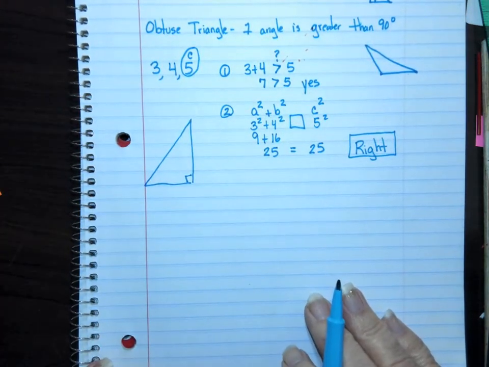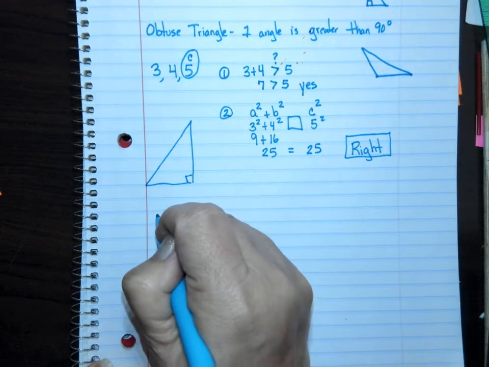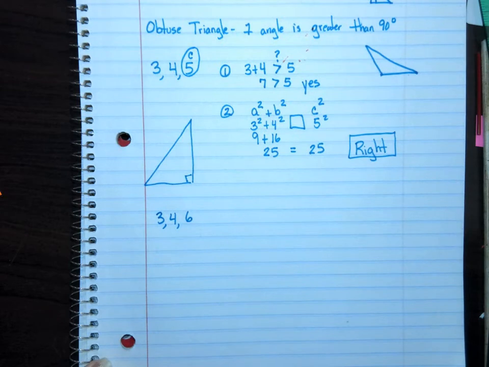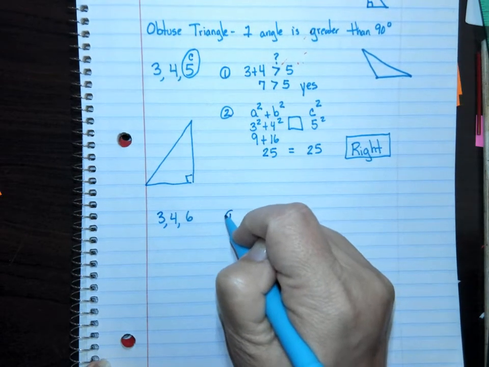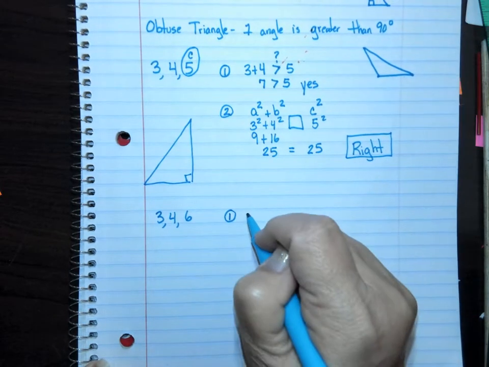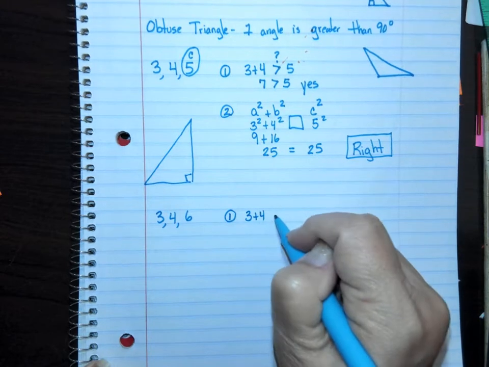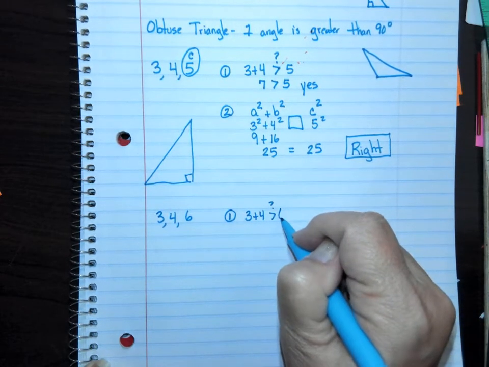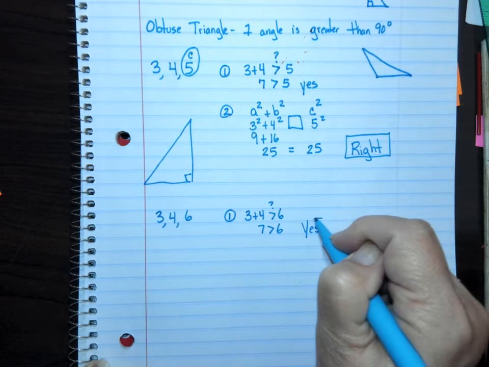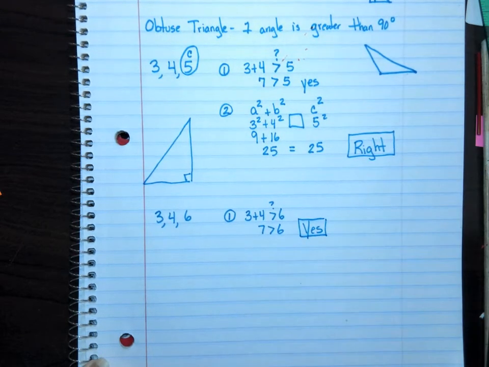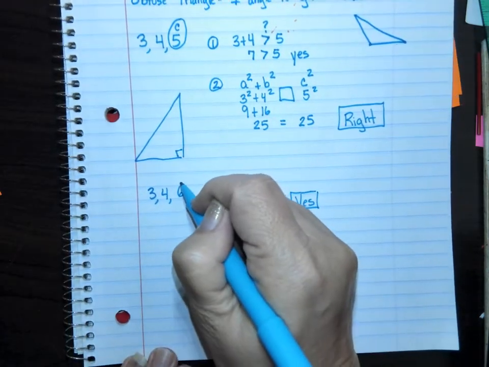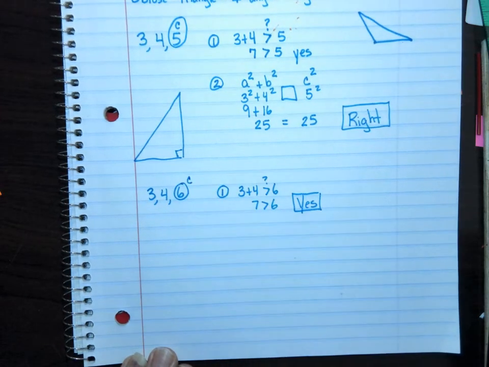So let's say my numbers were 3, 4, and 6. So question 1, do these guys even make a triangle? So 3 plus 4, is that bigger than 6? 7 is bigger than 6, yes. Alright, so now let's see what kind. Biggest number is my c.